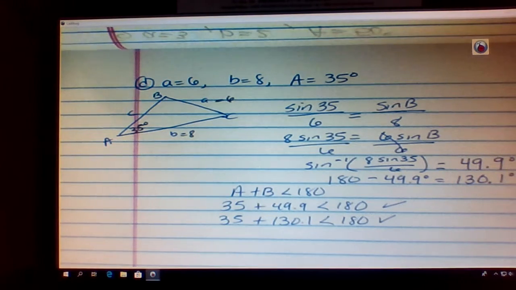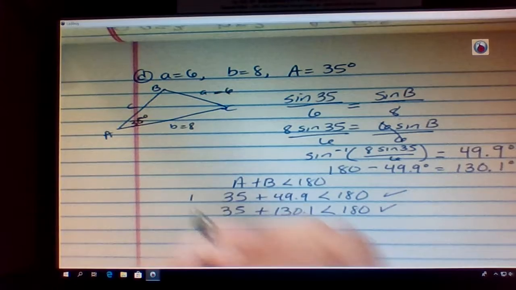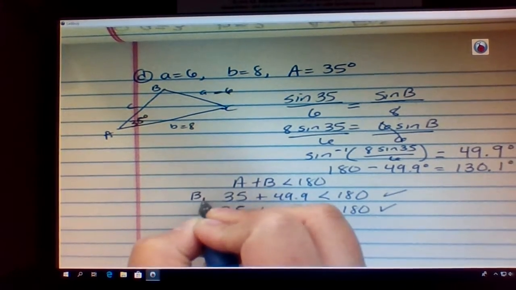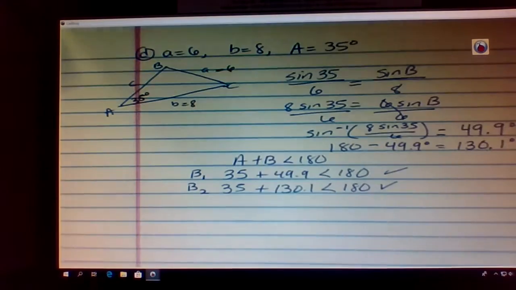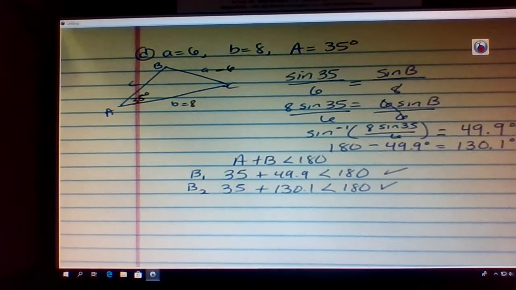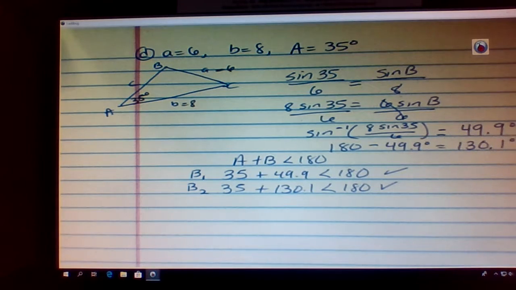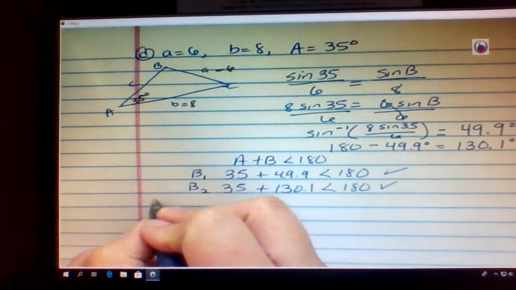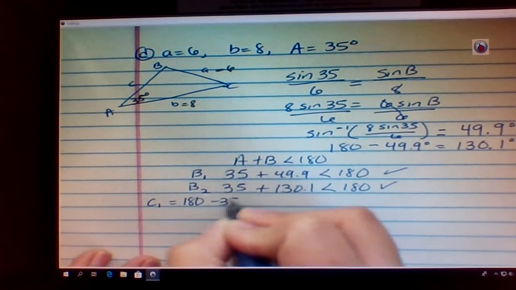So this is going to split your problem into two. So this is going to be my B sub 1, and this is going to be my B sub 2. Because now I have two triangles. Yay me, yay us, right? So how would you find C? For C sub 1, it's 180 minus 35 minus 49.9.